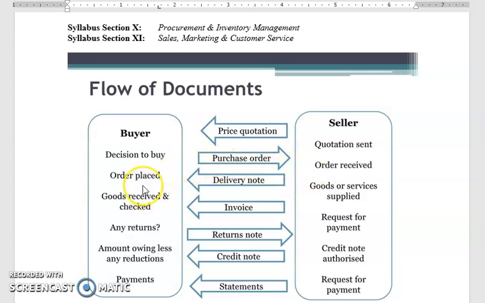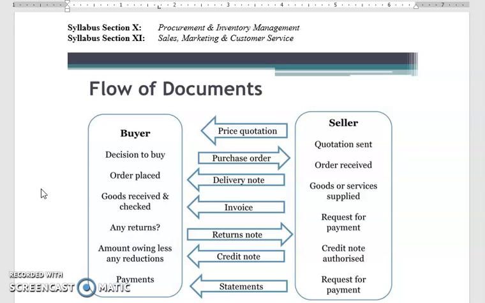Upon receipt of the goods or the service, the buyer will check this delivery note and/or the invoice, if it is sent along with the delivery note, to ensure that the services or goods supplied are actually what they have received and that there are no returns or that there are no excesses.